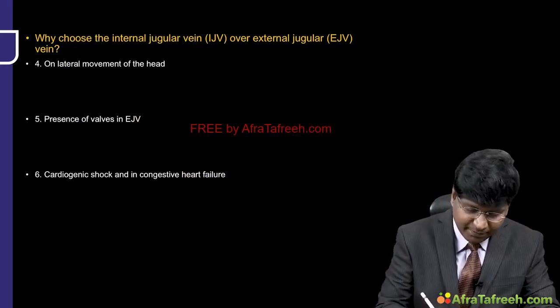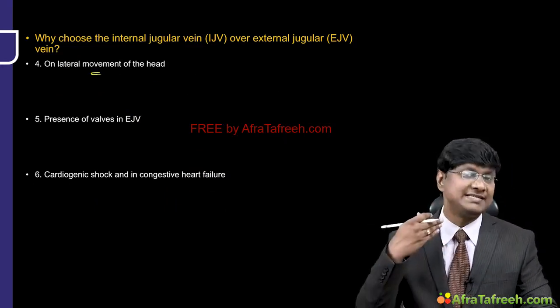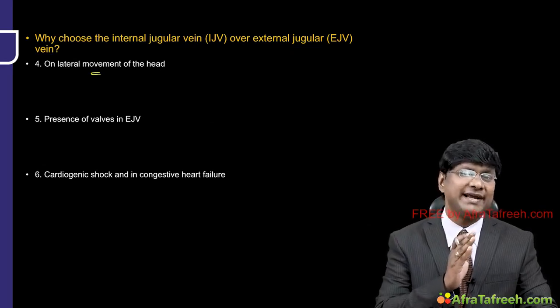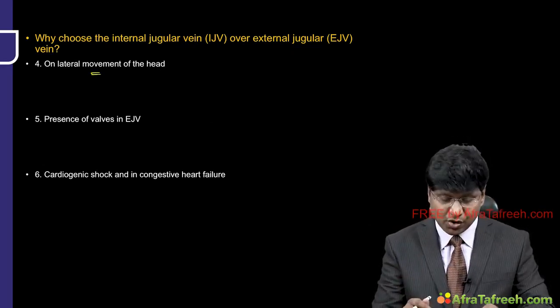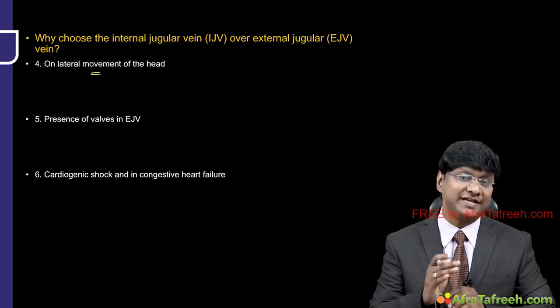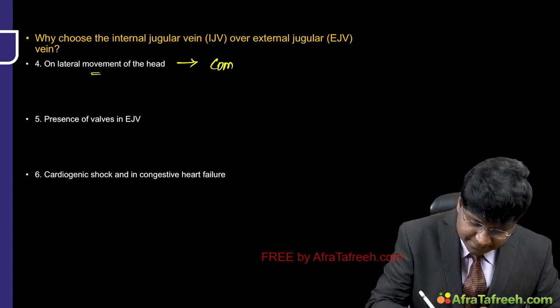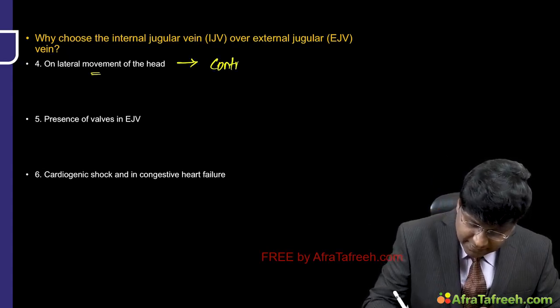And the fourth important point is, when you are examining the jugular vein, you need to ask the individual to slightly rotate the head laterally. On lateral movement of the head, there can be contraction of the platysma muscle.